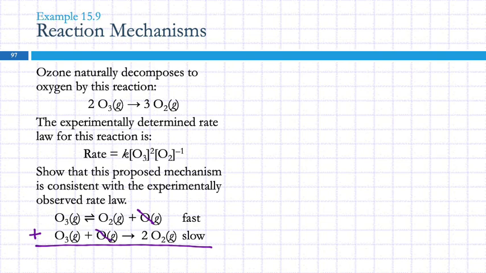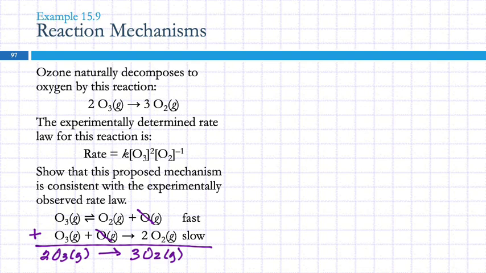Those are going to cancel each other out. And what we've got left is 2 moles of ozone and 3 moles of oxygen. Does this mechanism pass the first test? Yeah, it does. If we add these together, we get the overall reaction.